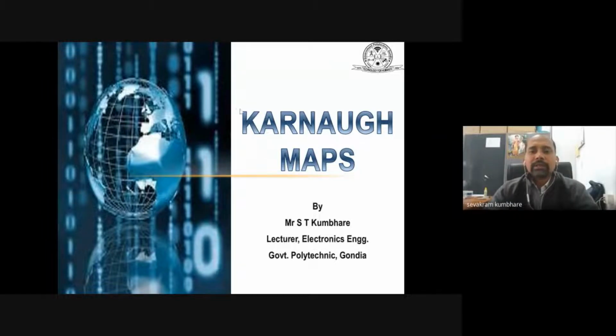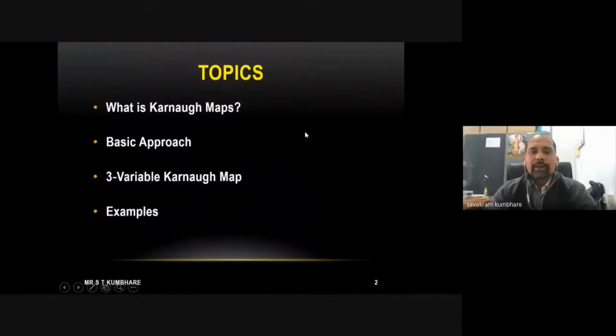So this is another way of simplifying or reducing Boolean expressions. Let's see what a Karnaugh map is, then the basic approach, and at the end we'll see the 3 variable Karnaugh map and some examples.